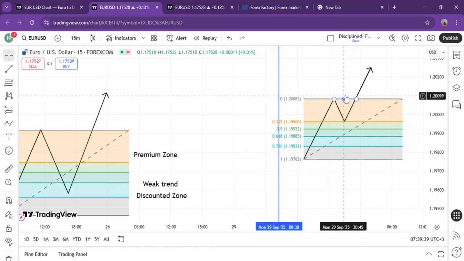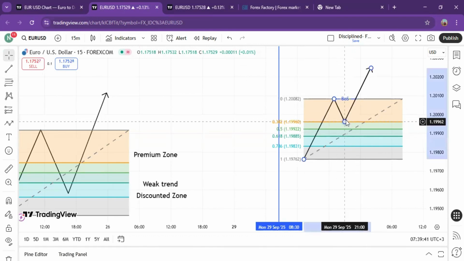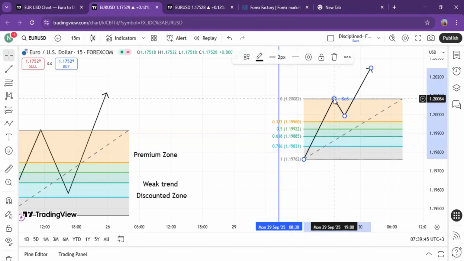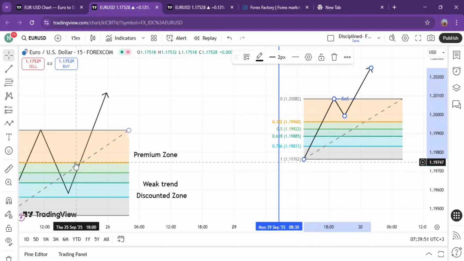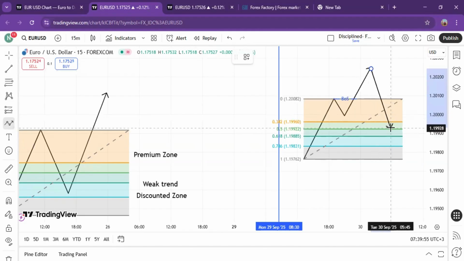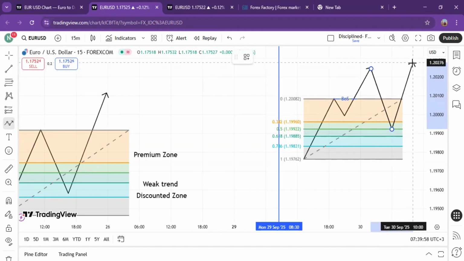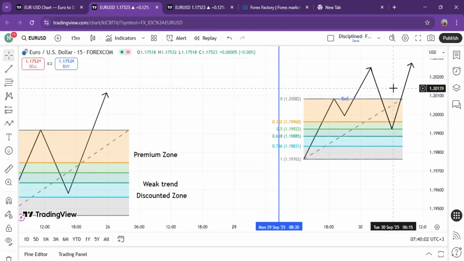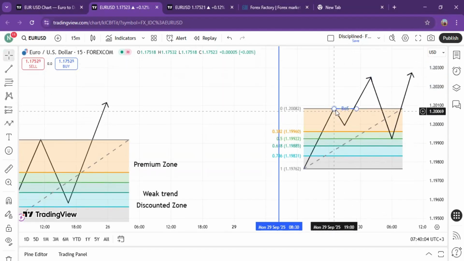So that is a valid break of structure. Any moment you find yourself marking a level between 0 and 0.382 as a valid break of structure, you have high chances that the market will liquidate you. The market will drop and continue moving upwards from that level, because any break of structure that you mark at this level is not valid.